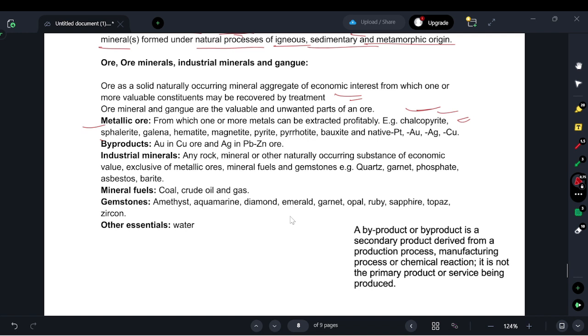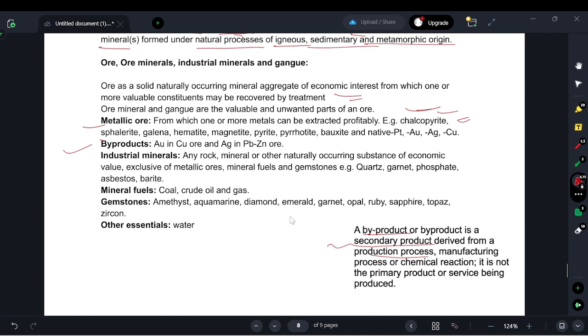You should also remember some of the byproducts of these. For example, what is a byproduct? It is a secondary product, which is derived during the production of the ore mineral. So during the manufacturing process or the chemical reaction or whatever process it is undergoing, whatever you get during that process is called the byproduct.